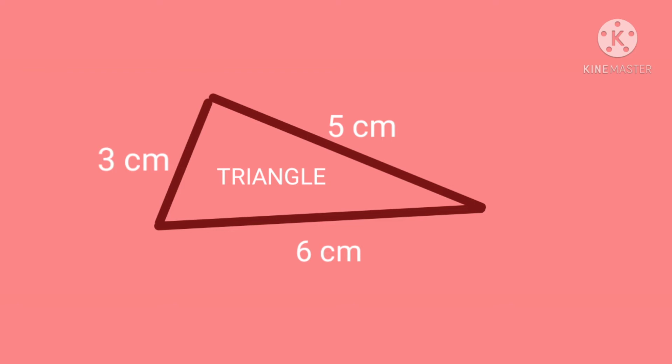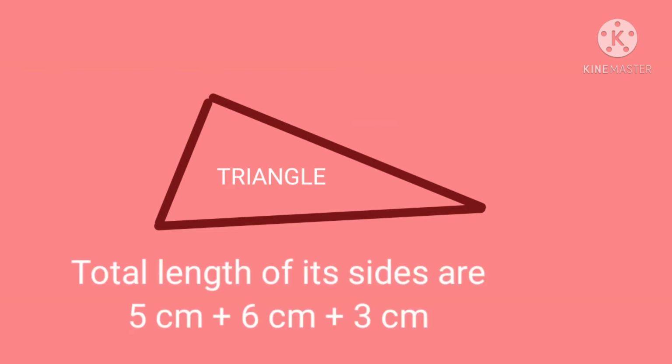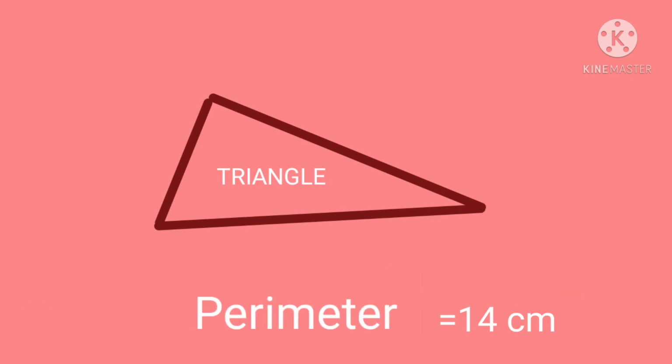To find the perimeter, we have to add all the lengths of its sides. So, the sum of the lengths of its sides is equal to 5 plus 6 plus 3. So, it is equal to 14 centimeter. So, the perimeter of the triangle given is equal to 14 centimeter.